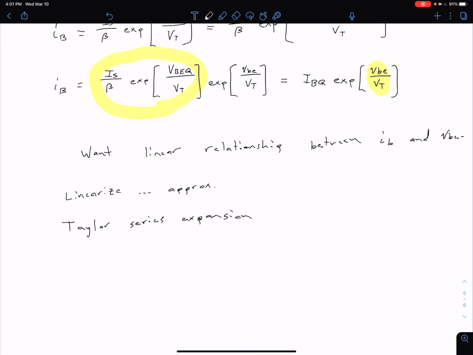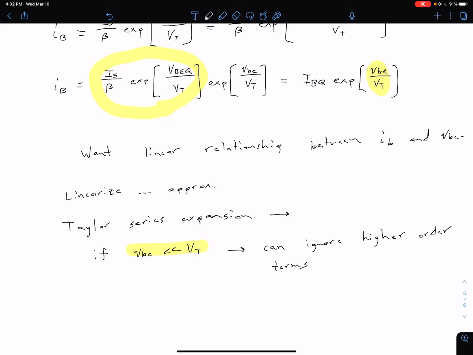So in this Taylor series expansion, if our VBE is much less than our thermal voltage Vt, then we can ignore higher order terms. Here's a key thing: this is the limit for our VBE.